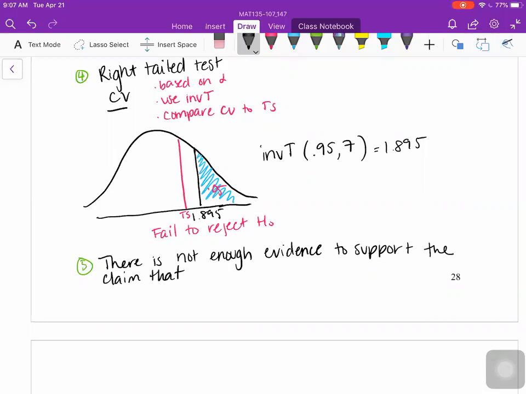And our claim was that the fellows in this executive's company make more than the national average.